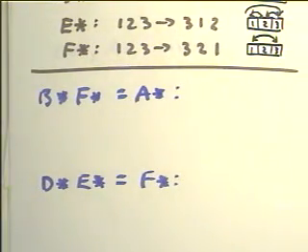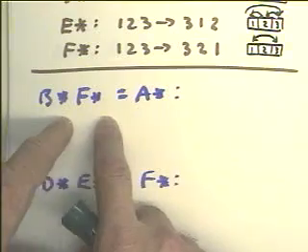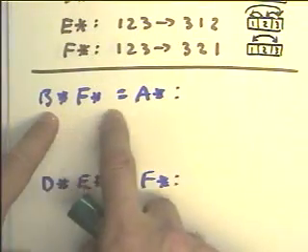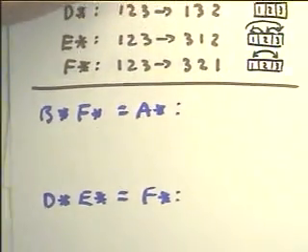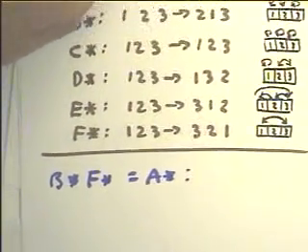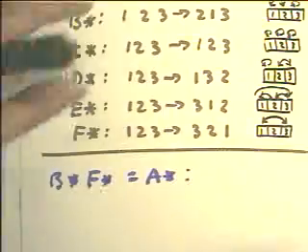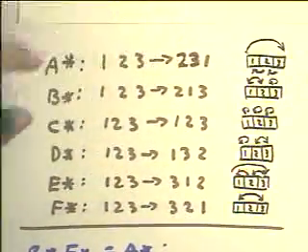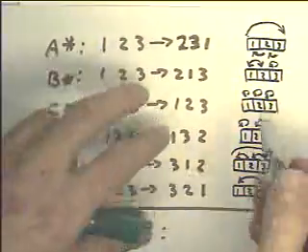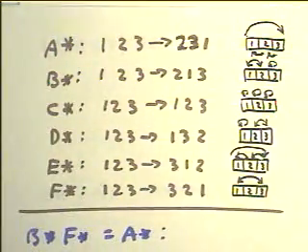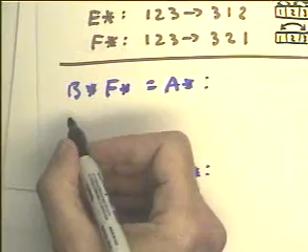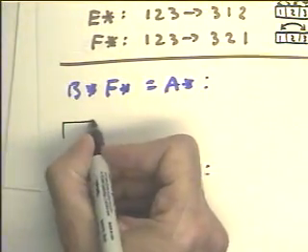If we want to prove a couple of things, let's see if B star F star equals A star. Now let's see, B star is the transformation whose picture we see here. It switches the first and second objects and leaves the third unchanged. So for B star, I'm going to draw a picture of what that does.